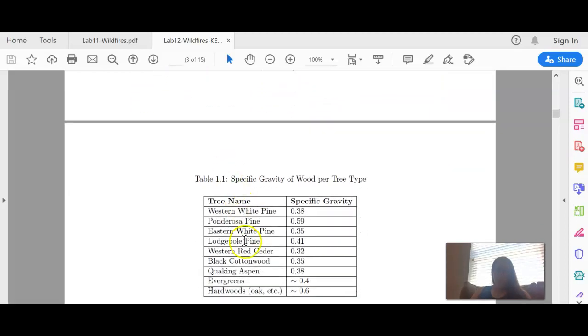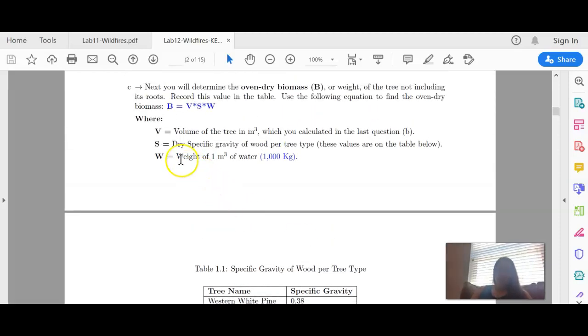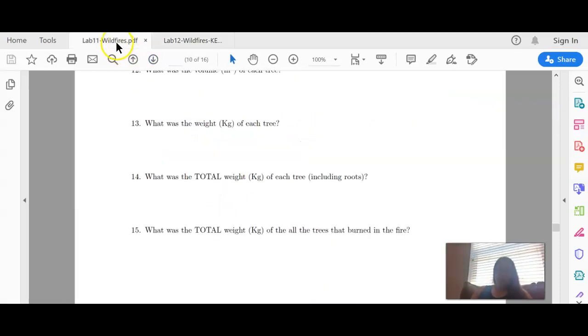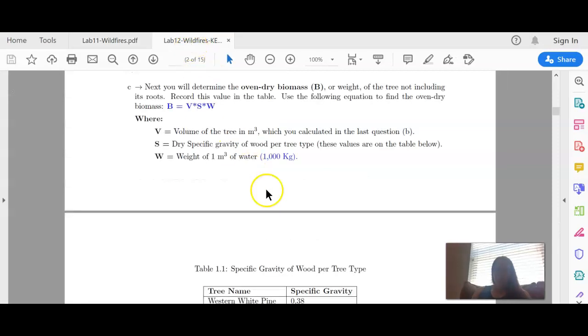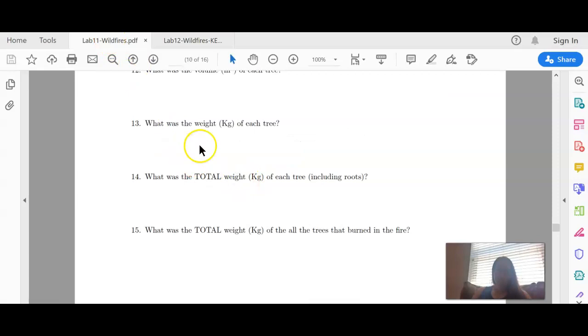So in our case, we have lodgepole pines, so the specific gravity that we use is 0.41. So our answer for number 13 would be B equals the volume that we obtained in number 12 times 0.41 times 1,000, which is the weight of 1 meter cubed of water. Excellent. So you get the answer for number 13.